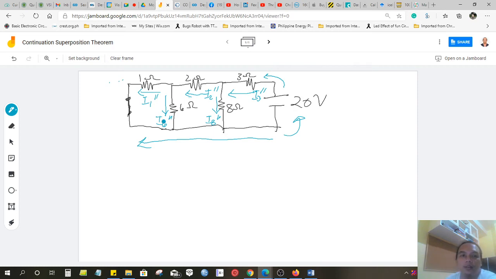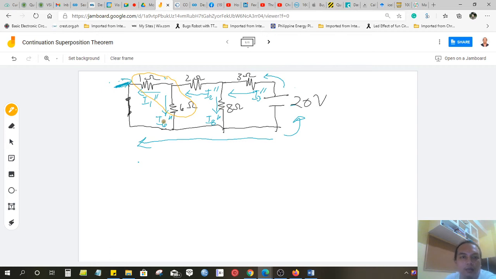Okay? So, we start finding the total resistance from here, starting from the source. Again, we redraw the circuit. We will start with this one. They are parallel now.